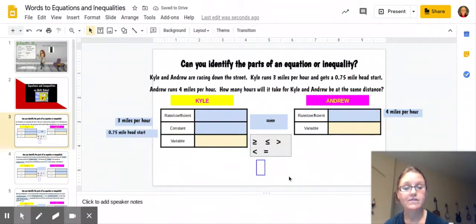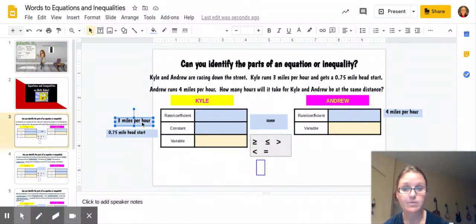Okay, so once we have this organized, it's a little bit easier to decide where those text boxes really go. Let's focus on the vocabulary here. We have the rate or the coefficient for Kyle. The rate or the coefficient is what we're going to multiply the variable by every single time. We don't know how many to multiply it by, but we do know one of the numbers.